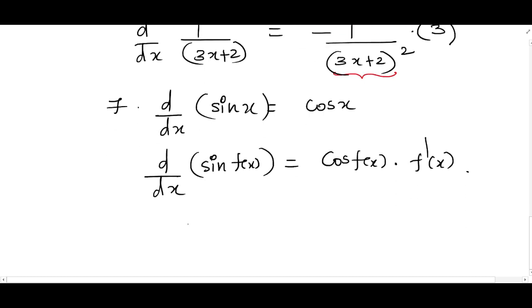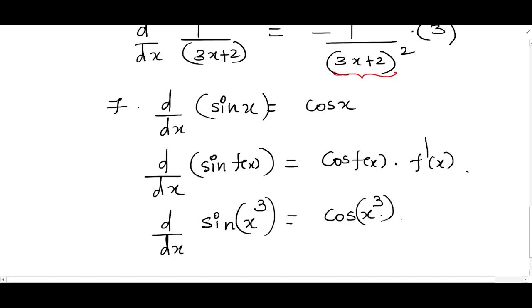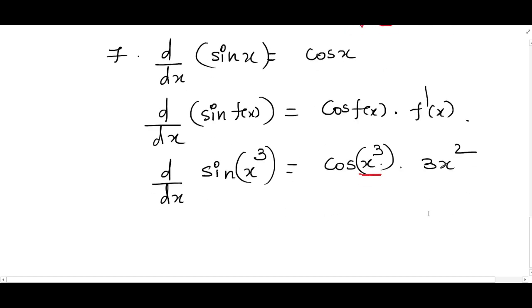For example, d by dx of sin x cube. Here f of x I am taking as x cube. So its derivative becomes cos x cube, and again the derivative of this x cube becomes 3x square. So the general formula we are using here is that the derivative of x cube is 3x square.